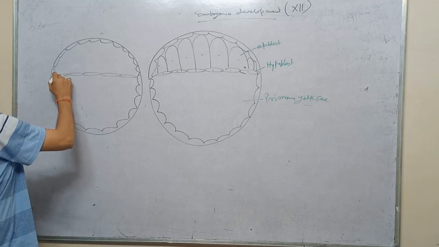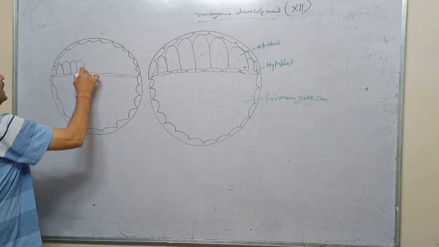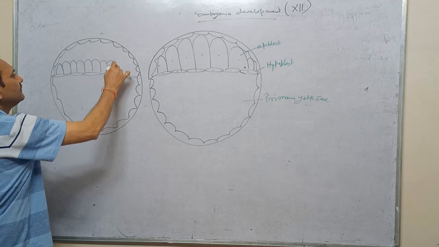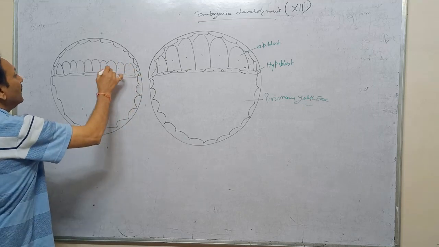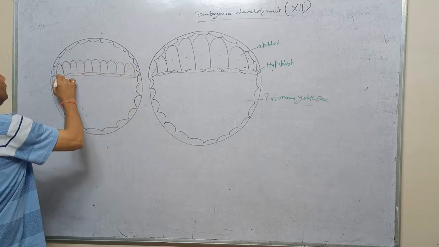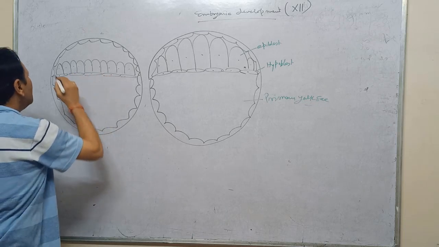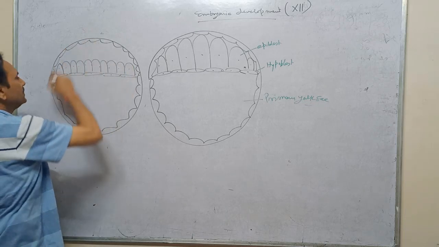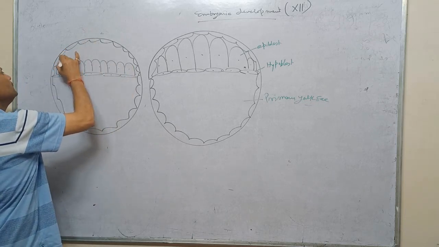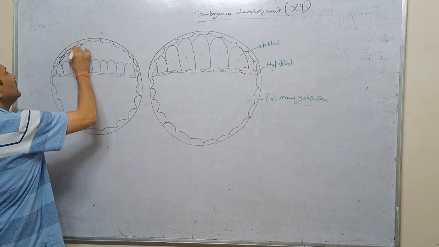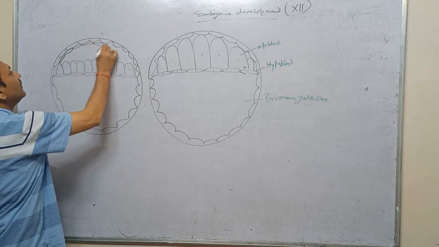It is the epiblast, this one is the hypoblast, and it has been observed that the cell of Rauber will secrete a layer of cells.